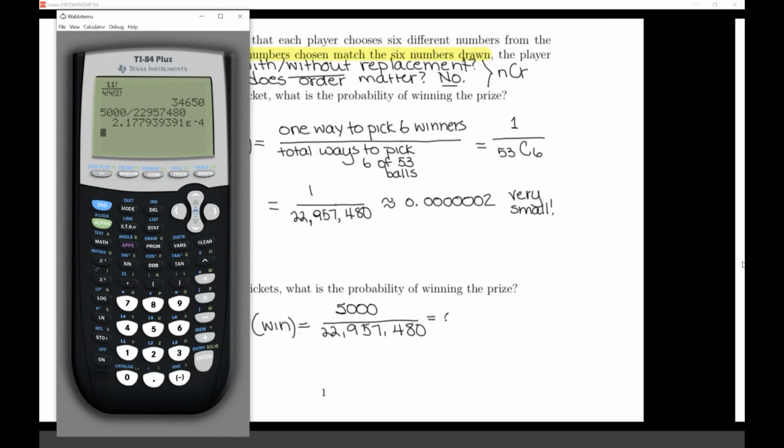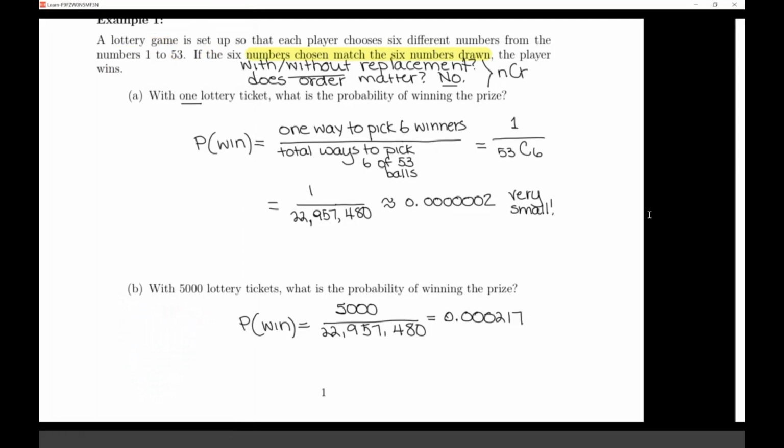So that's going to give me 0.0, three zeros, then the 217. Everybody see that? What do you think about this probability? Is this probability large or small? Yeah, it's still really small.